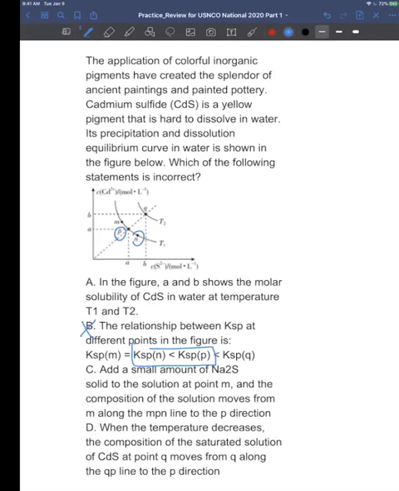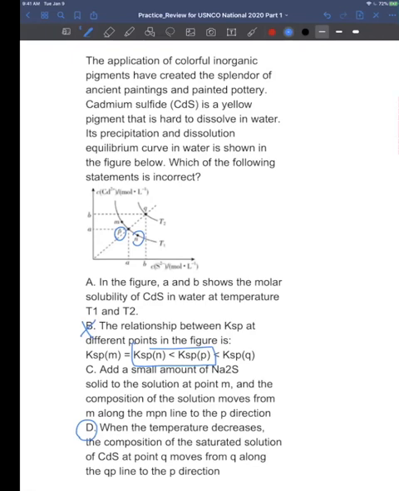Some of you chose C, some of you chose D. D is probably right. We don't know, to be honest, because we don't know whether the dissolution of cadmium sulfide is exothermic or endothermic. So we are not very sure how the Ksp will change with temperature, right?